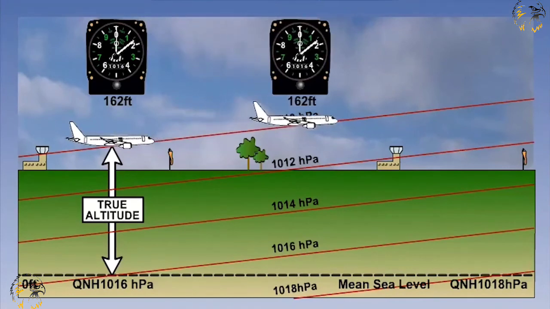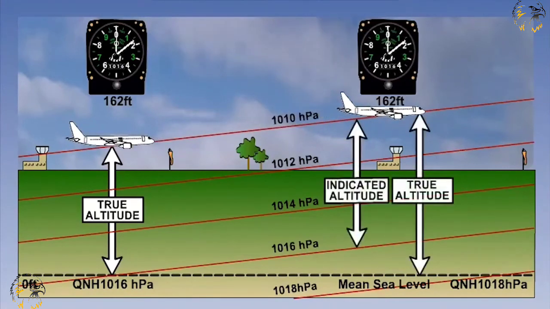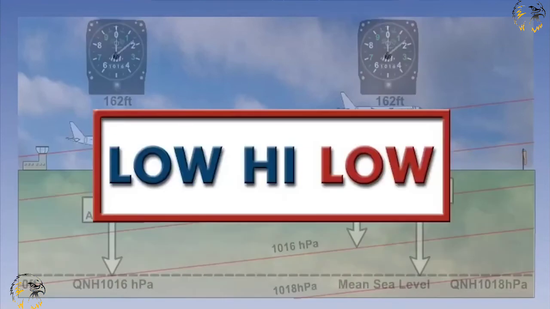This time our true altitude is getting higher, but our indicated altitude is remaining the same. We can say then, from low to high, the altimeter reads low. Low, high, low. This situation is not too dangerous, since our true height is increasing, but nevertheless it's not accurate flying.